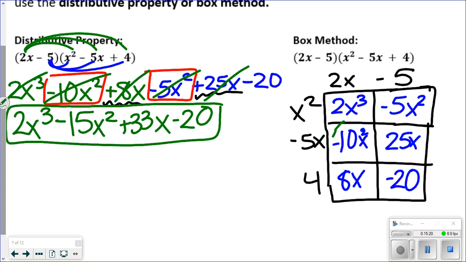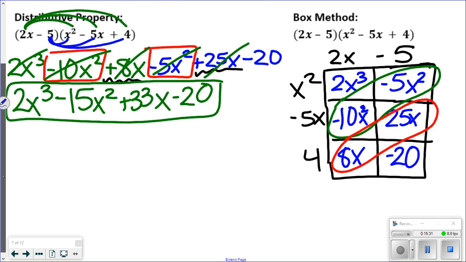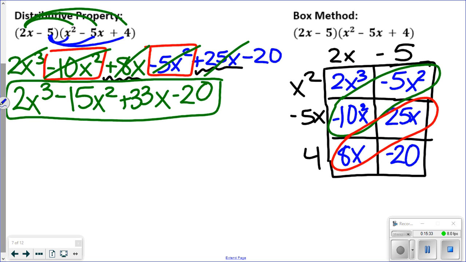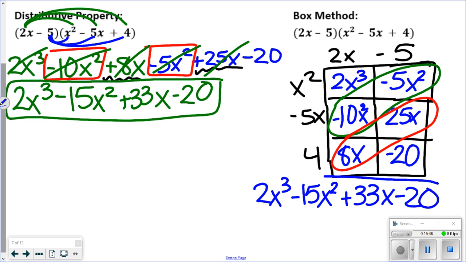And then our diagonals here are our like terms. Those are what we're going to combine together. And we actually end up getting the same answer because this was the same question. Plus 8, 25 makes 33, minus 20.